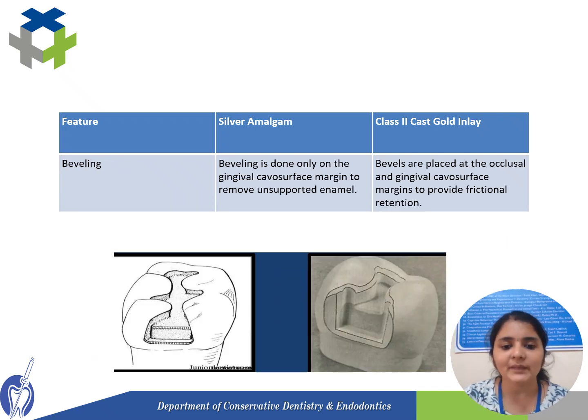Coming on to beveling, beveling is done only on the gingival cavosurface margin in the case of silver amalgam to remove the unsupported enamel, whereas in a class 2 cast gold inlay, bevels are placed on both the occlusal and gingival cavosurface margins to provide frictional retention.